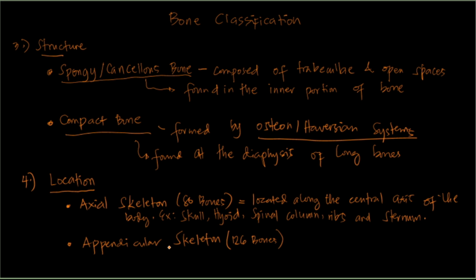While on the other hand, your appendicular skeleton, as I said, consists of 126 bones. They are located in the peripheral part of the body. Okay, what are the examples under your appendicular skeleton?